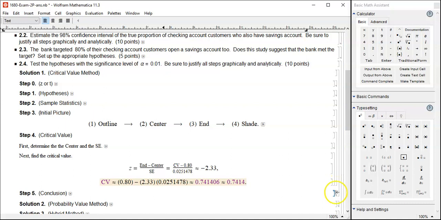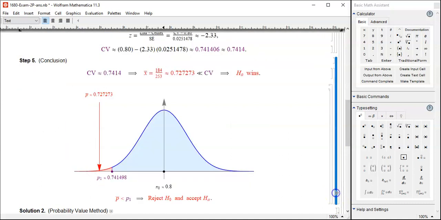74% at the very least, and previous value, the sample study gave us 73%. You see, less than 73%. This one is greater than 74%. So the observed proportion p bar fell into alternative region, too far away from null, so we reject null.